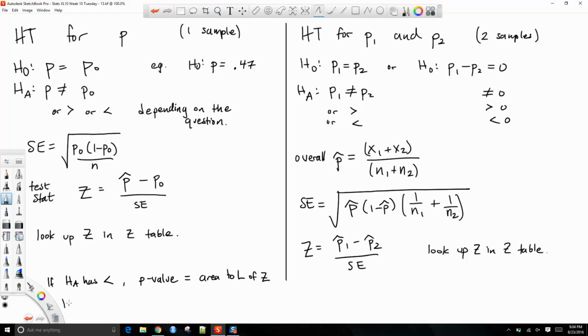If the alternative has a greater than sign, then the p-value is the area to the right of z. And if the alternative has a not equal, then the p-value is 2 times the tail area.